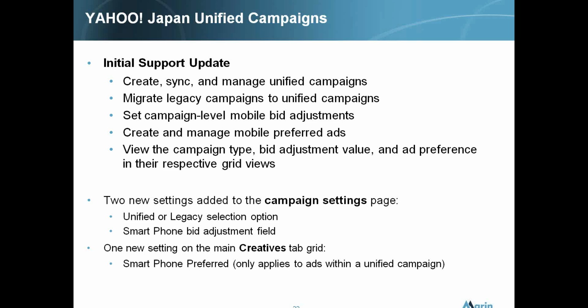One difference that I do want to point out here is that Yahoo Japan does have a very similar setup with the parameters used to send users to a mobile site versus a not mobile site. But on their end, the only thing that is supported is to have the first segment, so the M-dot part, in the parameters.